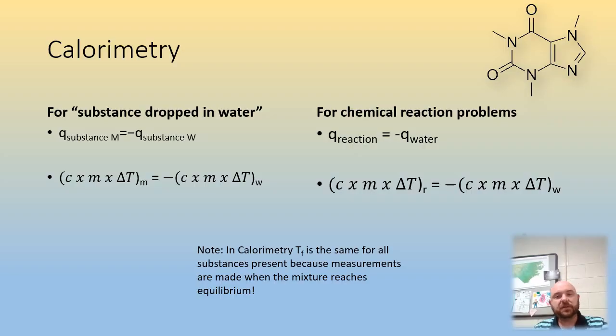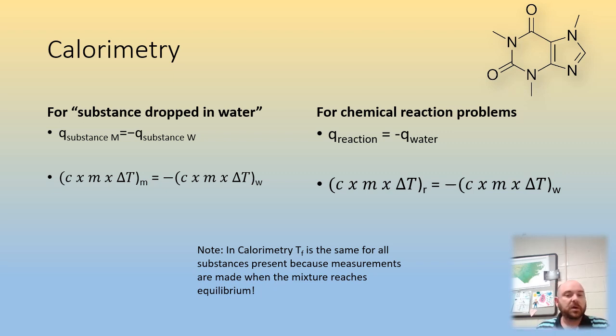Calorimetry calculations are predicated on the following assumptions. When you drop a heated substance or a cooled substance into water, the heat absorbed or lost by that substance is equal to the heat absorbed or lost by water. You'll notice that they are opposite in sign.